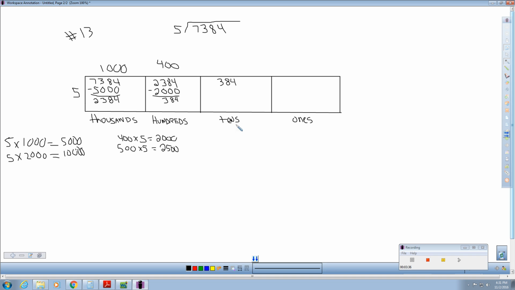I have to see how many tens I can multiply 5 by and get as close to 384, but I can't go over 384. Okay? So let's just first say we can take 70. So if I take 70, and that's 70 tens times 5, that's 350.